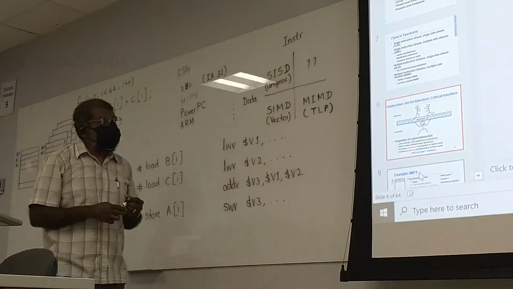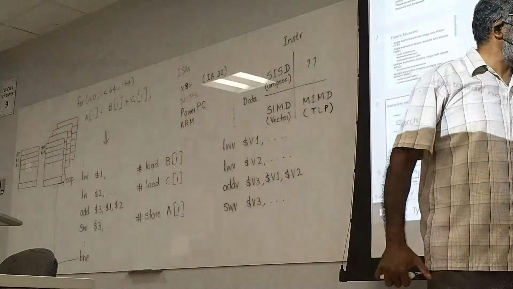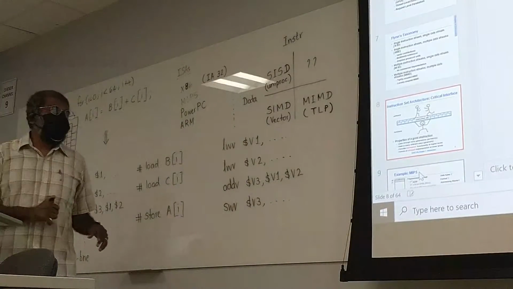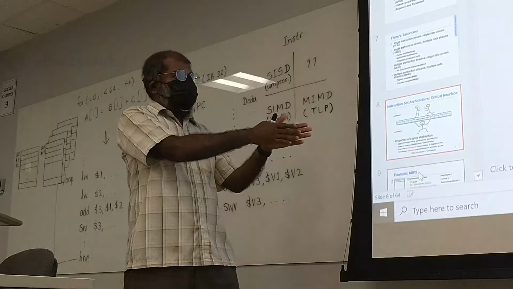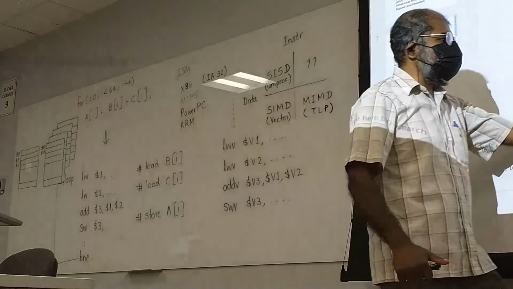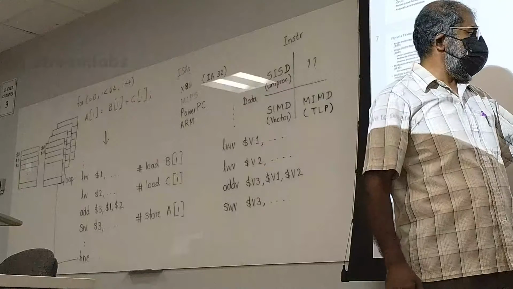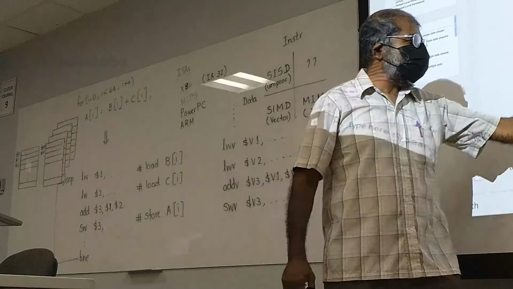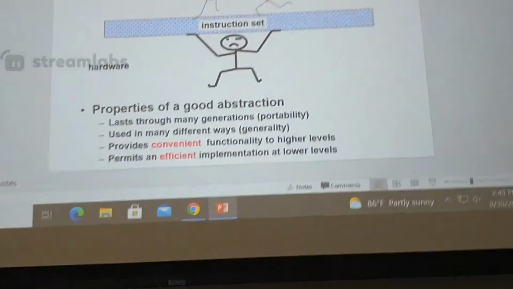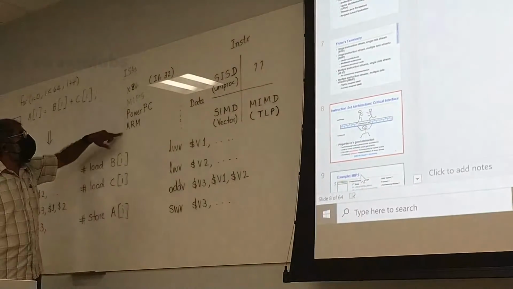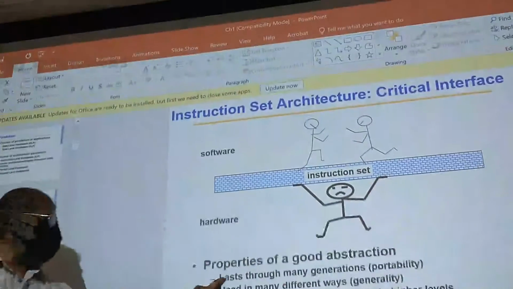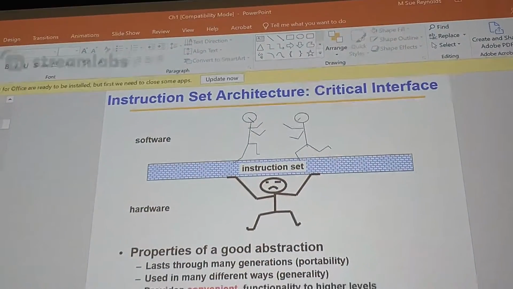So this slide is saying, okay, a good ISA lasts through many generations, which makes it very portable, meaning you can use old programs and still run them in newer systems, and provides convenient functionality to higher levels, permits efficient implementation, etc. Now, if you look at these, yes, x86, for instance, did last through many generations. No question about that.